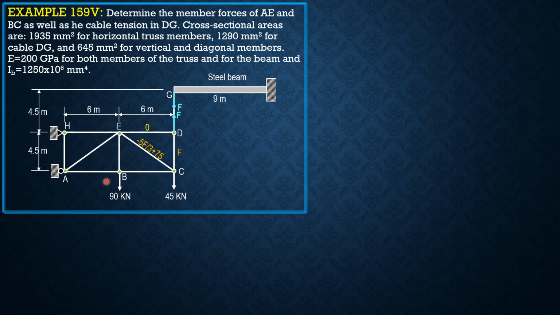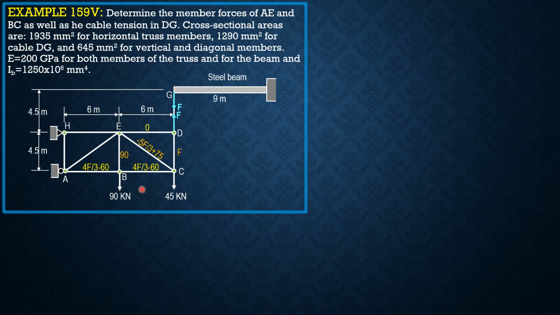So summation of forces x, then you can derive 4F over 3 minus 60. You have color coding here because the members of the truss have different cross-sectional areas. So summation of forces x, AB will also be 4F over 3 minus 60. Of course, BE is not a function of F. It is 90, summing up forces vertical.